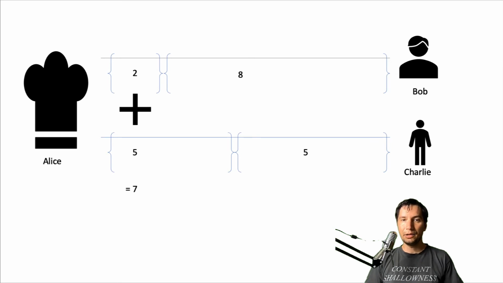So in this scenario, we can see we have two channels. Alice and Bob have a channel where 2 Bitcoin belong to Alice and 8 Bitcoin belong to Bob. Alice also has a channel with Charlie where it's split evenly, so 5 Bitcoin on Alice's side and 5 Bitcoin on Charlie's side.